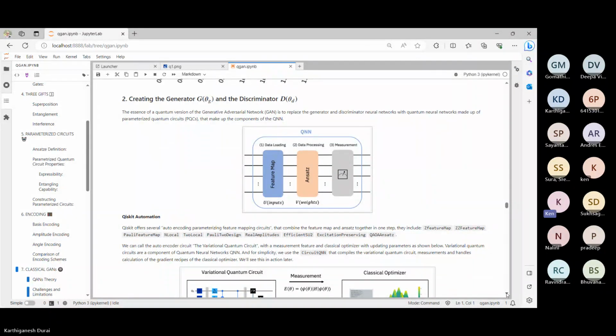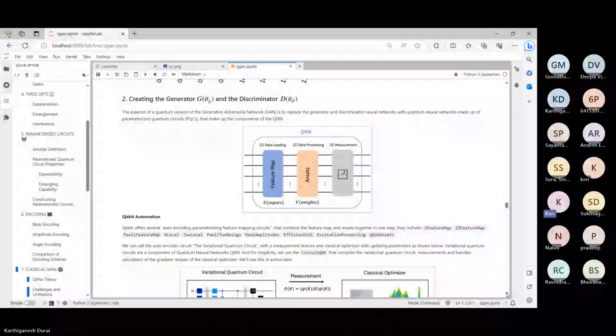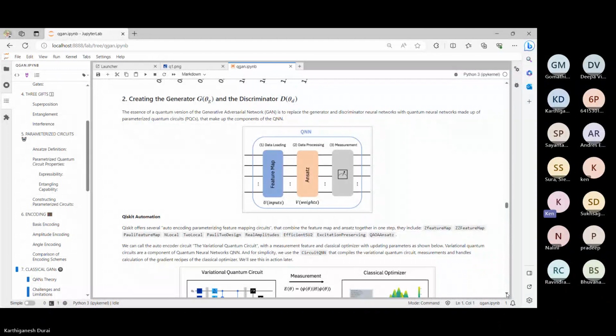We have a few options here: the Z feature map, the ZZ feature map, the Pauli feature map, TwoLocal, and so on and so on. All of these feature maps are limited in their own sense. They're advantageous in some situations and in other situations they're not. But Qiskit allows us to do this automatically.